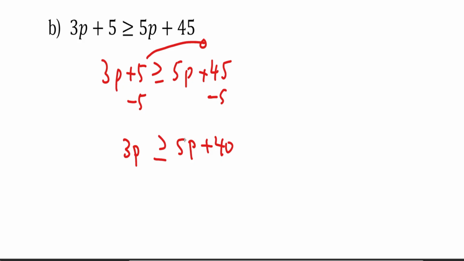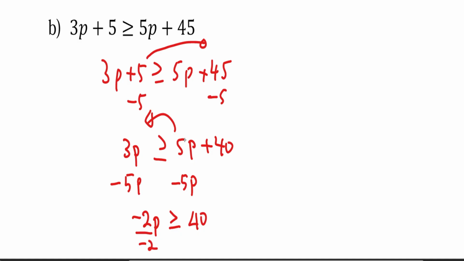Now put 5p to the other side, so you subtract 5p, and you'll have 3p minus 5p, which is negative 2p, greater than or equal to 40. Now obviously divide by negative 2, and therefore p is greater than or equal to negative 20.